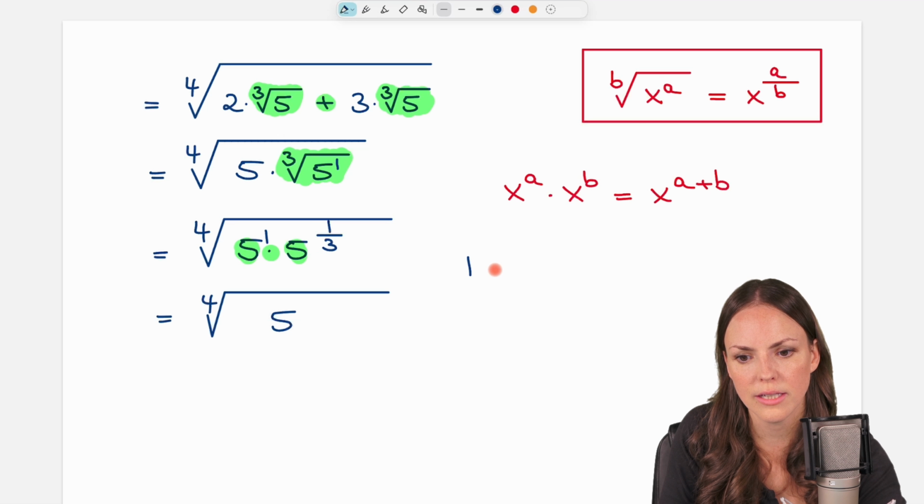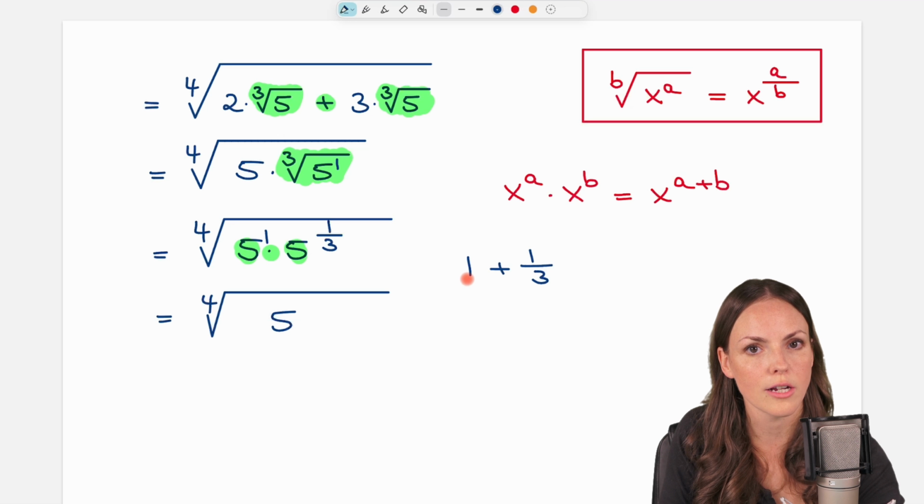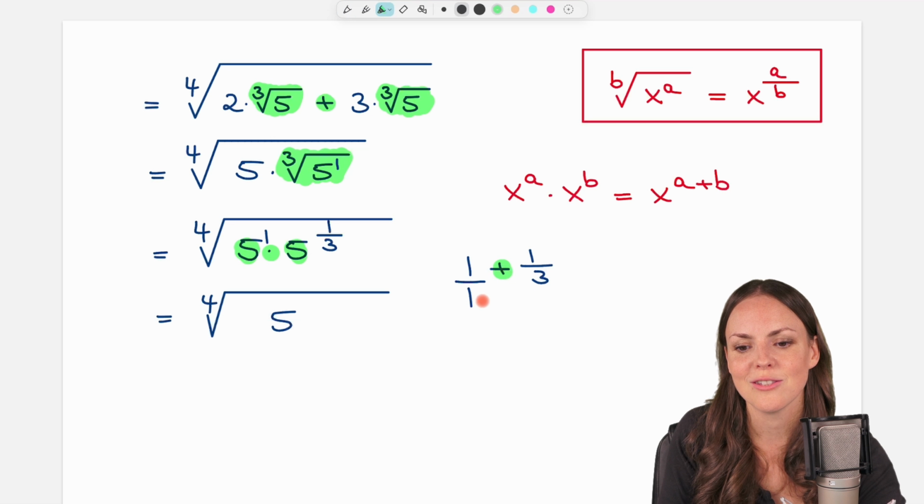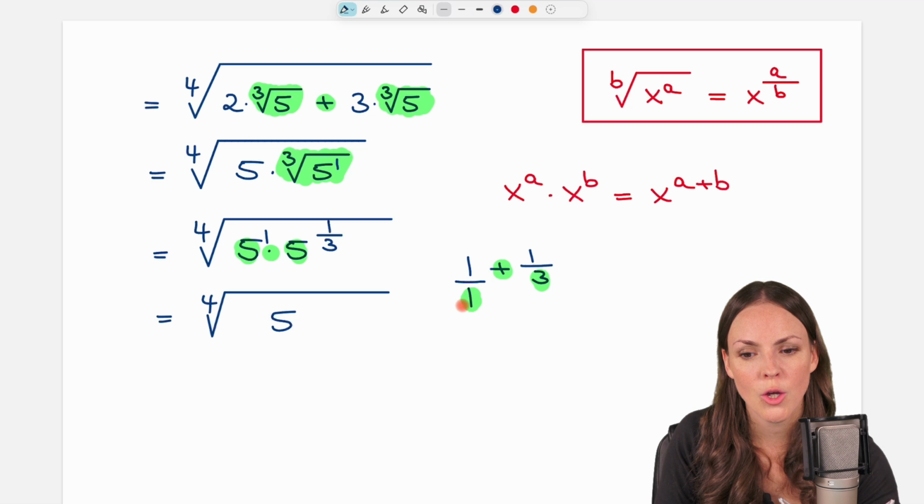So let's calculate this. 1 plus 1 over 3. We can write the 1 here as a fraction as well, so 1 over 1. And to add these two fractions, we need the same denominators. So we would need a 3 here as well, which means we can multiply by 3. 1 times 3 is 3.